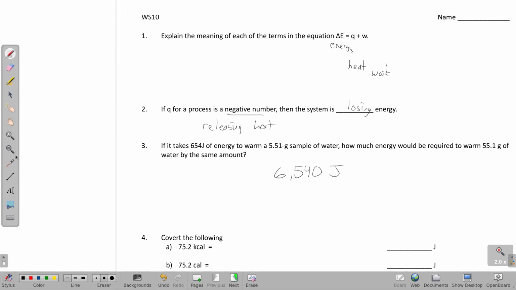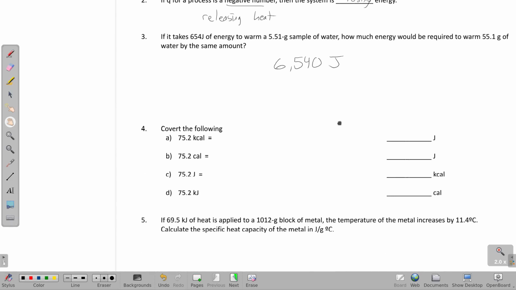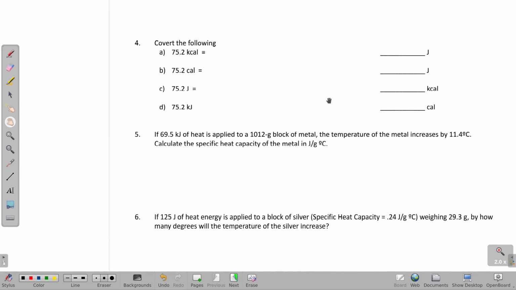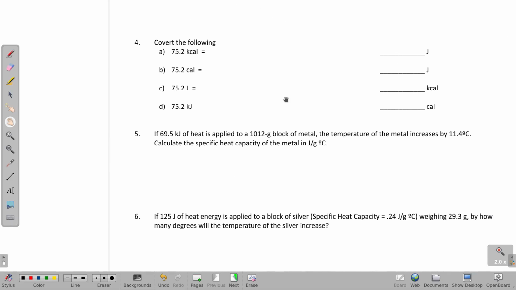Okay, let's see. Need to scroll down. Next, number 4. We want to convert these units. In the first one, we're converting from kilocalories to joules. We've got a couple of conversion factors we're going to use. First thing we're going to do is turn the kilocalories into calories.